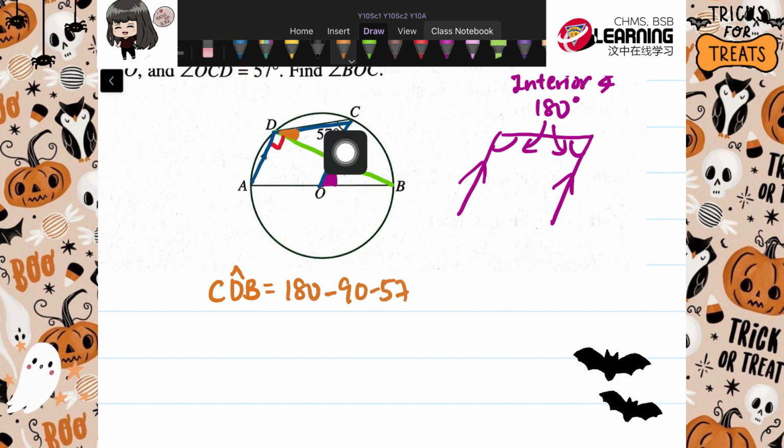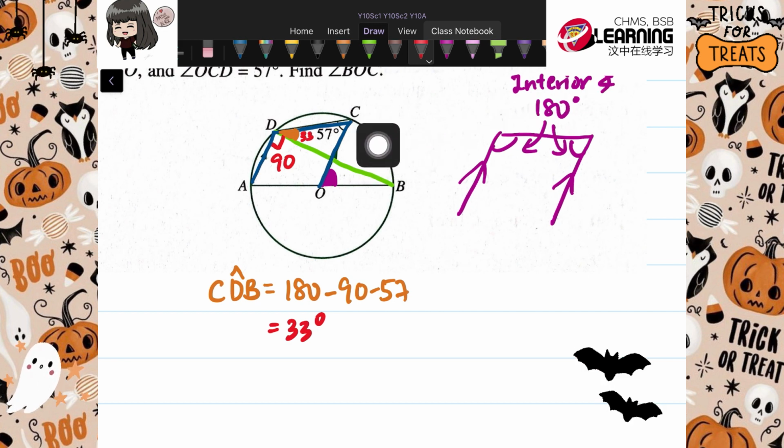This is 180, you minus this 90, and you minus this 57, you will get this, the orange one, which is CDB. This is what I wrote. We find this angle over here first. Why? I'll let you know later. After I minus, I will get 33 degrees. So this angle here is 33.